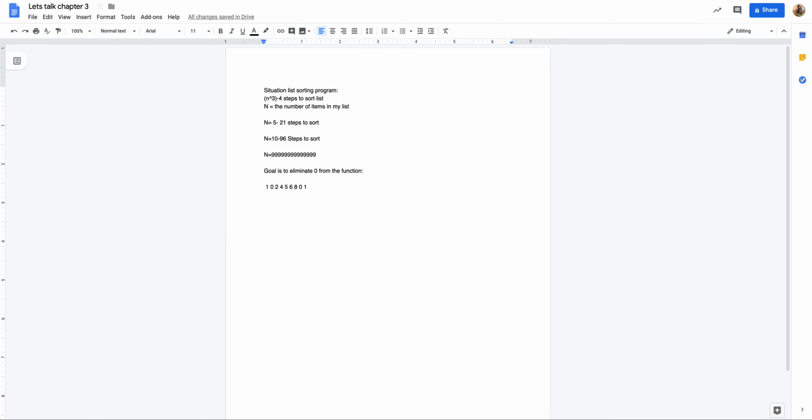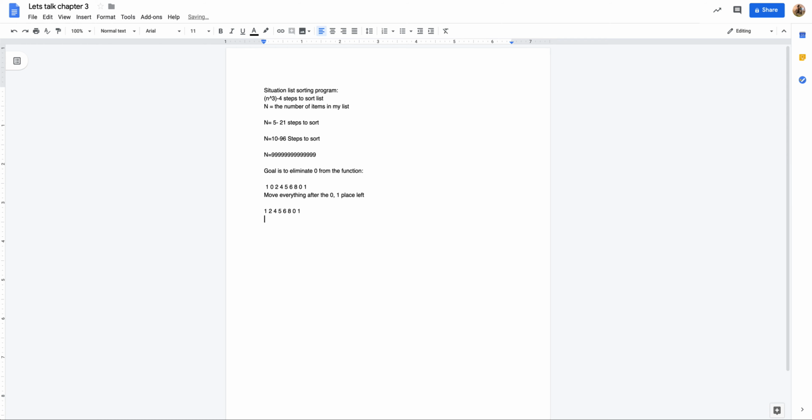Oh, we have a 0. So the next step is to move everything after the 0 one place left, and that 0 will just be replaced by a 2. So it goes 1, 2, 4, 5, 6, 8, 0, 1. The algorithm will keep going.